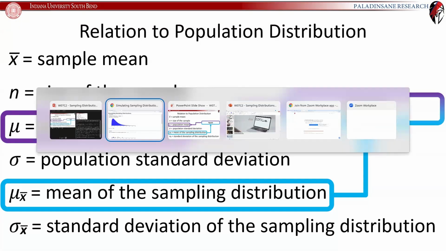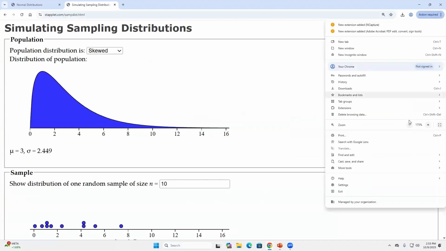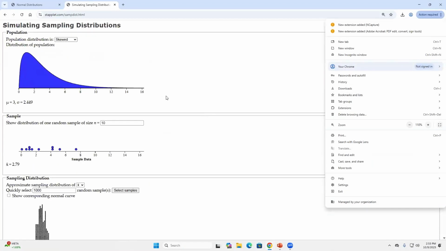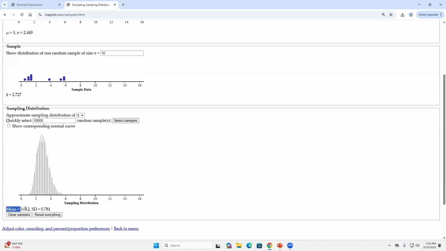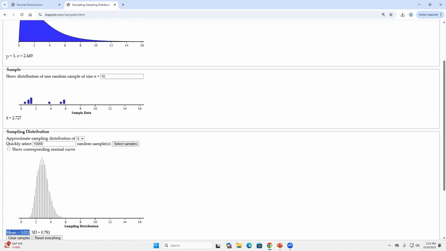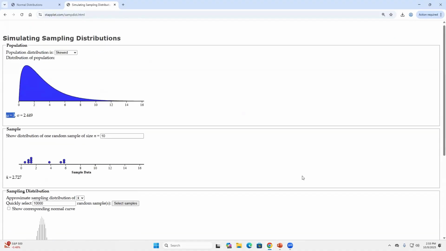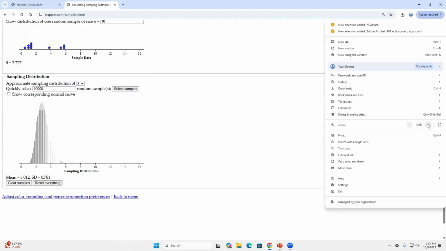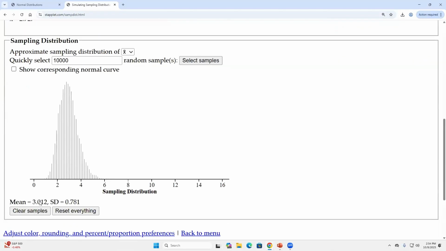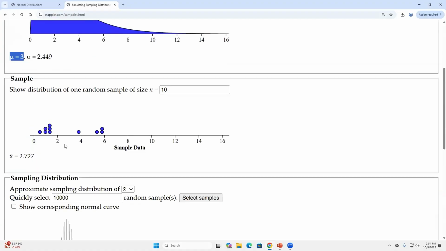So if we were to run this and quickly select a whole bunch of samples, let's say that we add another 10,000 and hit select samples, you'll see that the mean of this sampling distribution is now incredibly close to the mean of the population distribution. The mean of this sampling distribution is now 3.012.